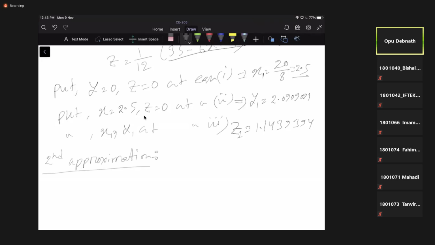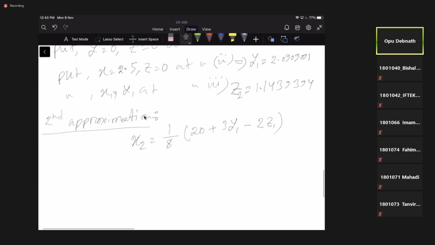Using these values, this will give x2 is equal to 1/8 of 20 plus 3y1 minus 2z1. So you can do some calculation.